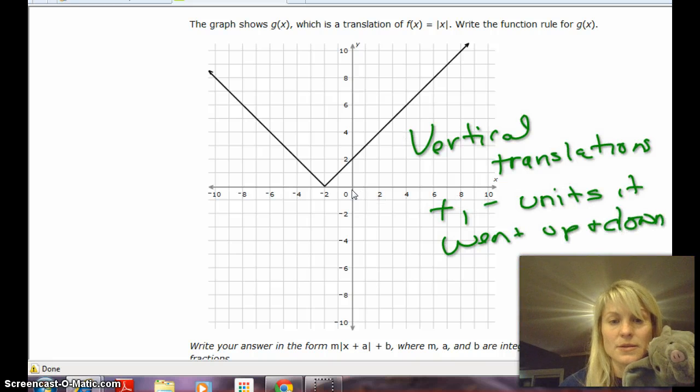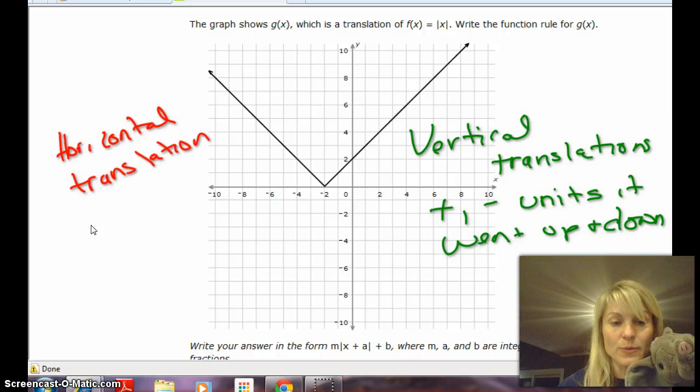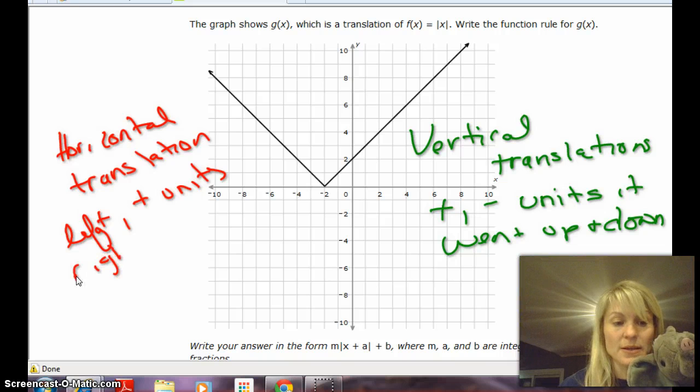And all these start at 0 because they're just real simple ones. When we're doing a horizontal translation, and we did talk about this in class today, we do the opposite of what we see. So if it goes left, we use plus the units. If it goes right, we put minus that number of units.